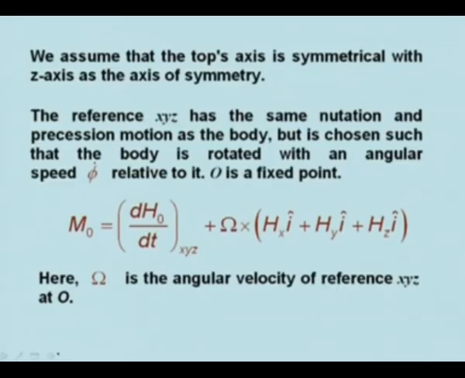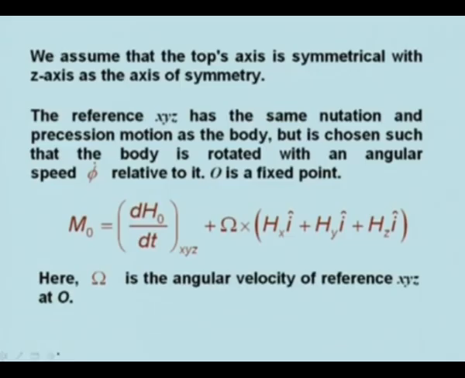The reference XYZ has the same nutation and precession motion as the body, but it is chosen such that the body is rotated with an angular speed phi dot relative to it. So that means X, Y, Z are not exactly fixed on the body, there is some difference.